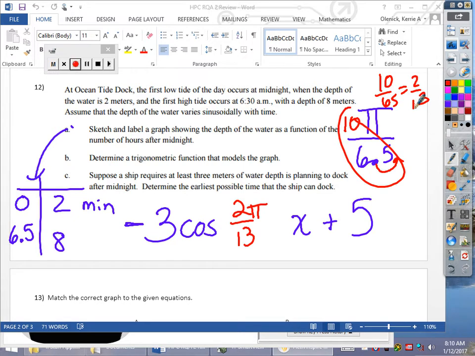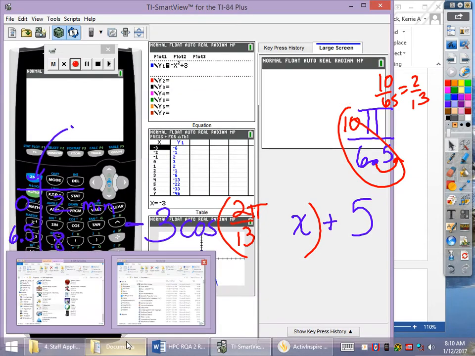Okay? All right. Good? Okay, now to do C, I actually use the graphing calculator. The key is all of this needs to be in a parenthesis together or it doesn't work. That was the mistake I made this morning. Okay, so let me find my graphing calculator, which is hiding back here.